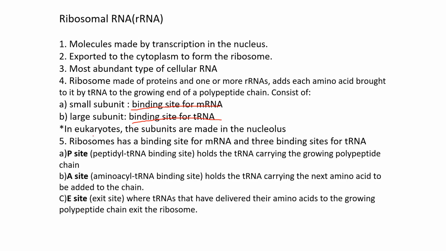Now, in eukaryotes, the subunits are made in the nucleolus. Because when it comes to eukaryotes and prokaryotes, it's slightly different. Eukaryotic ribosomes are more complicated.